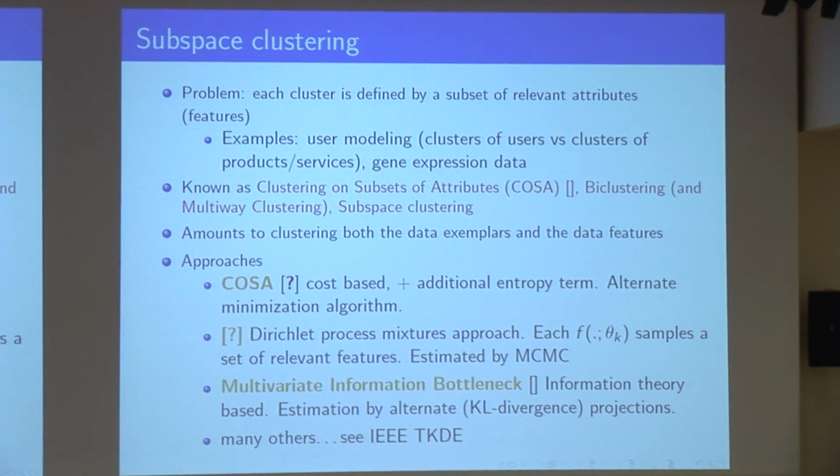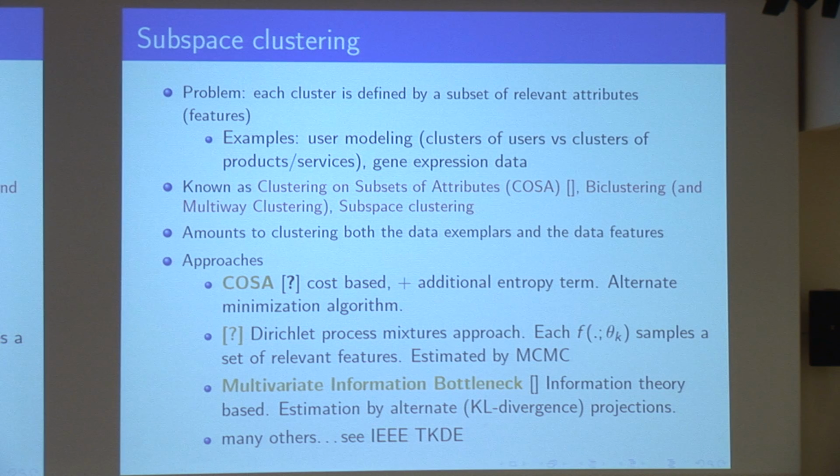So there is no conference on clustering, so there is no special place to go for literature on clustering. You have to search. You have to hit all the clusters, or at least the one that contains the information you want. Okay. So one fairly publicized paper is called Clustering On Subspaces of Attributes, COSA.